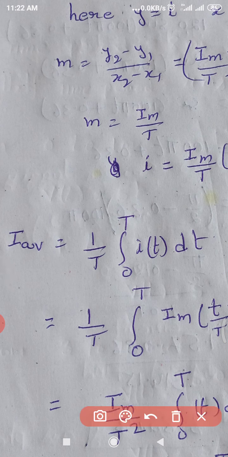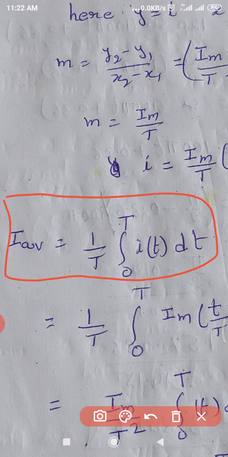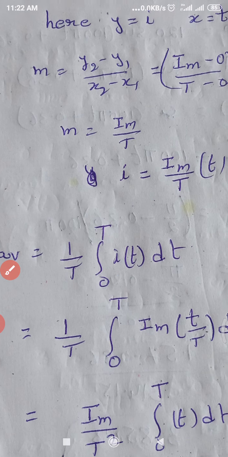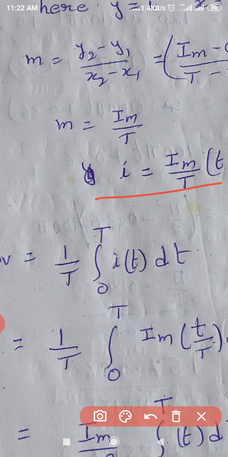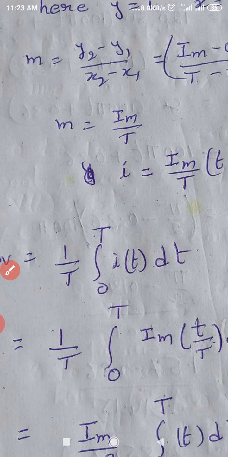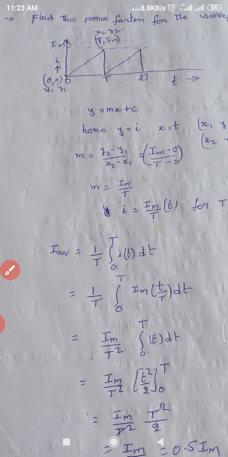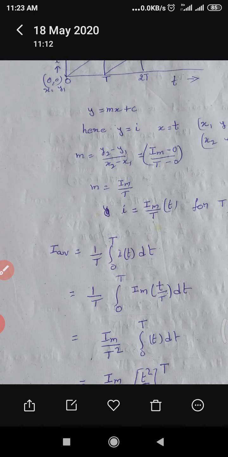This is the basic formula for finding the average value: 1 by T integral 0 to T i of t into dt. This i of t is nothing but the equation we found in the previous step, and this T is nothing but the limits. So from the diagram, what are the limits? 0 to T.